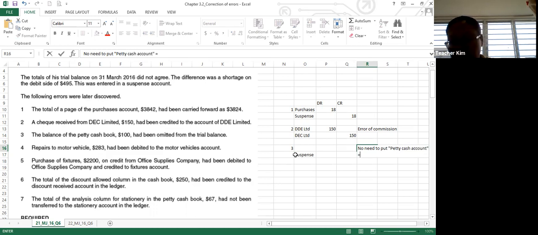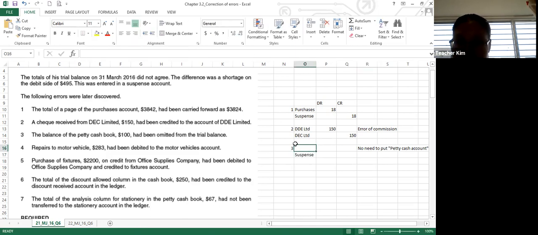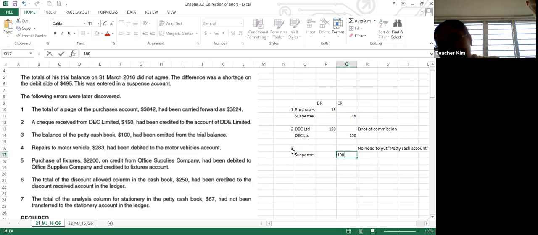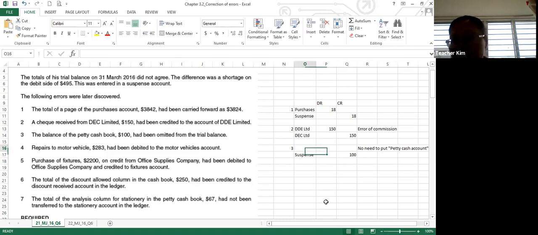Only debit. So on this debit side you don't need to put it, you just need to go to the trial balance and put in the petty cash. And initially the suspense account was debited, so now we have to reverse out this 100. So this is a little bit different compared to the normal entry that we put in.